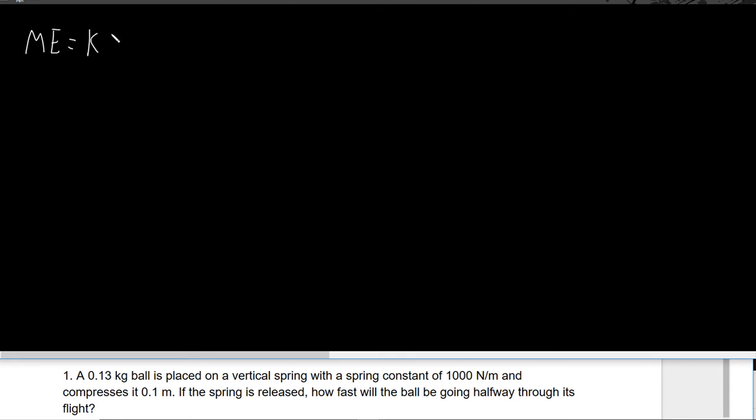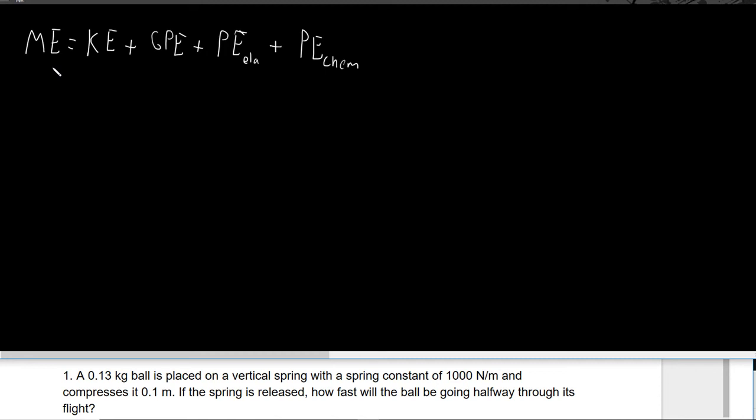So we would be adding their kinetic energy plus their gravitational potential energy plus their elastic potential energy, and if we wanted to throw in a little bit of chemistry, even their chemical potential energy. Really, mechanical energy is just the sum of all these things, and it's just kind of saying your mechanical energy never changes for a certain event, if you will.